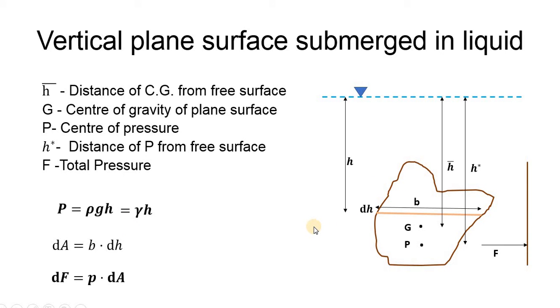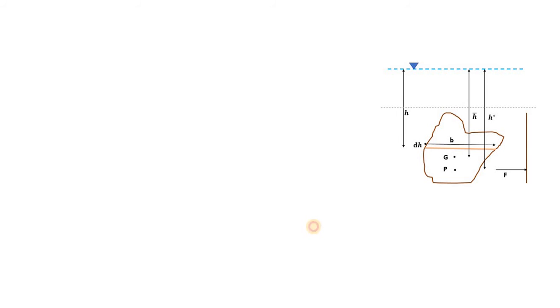And then dF equals p into dA, where p is rho g h, and dA is b into dh. So if we know the values of small forces dF, and if you integrate upon those small forces, you can get the total hydrostatic force.